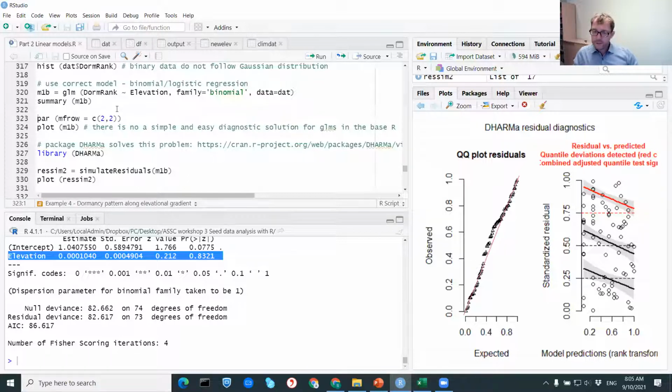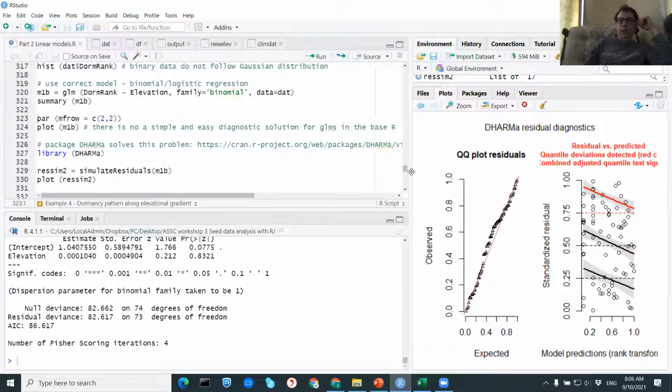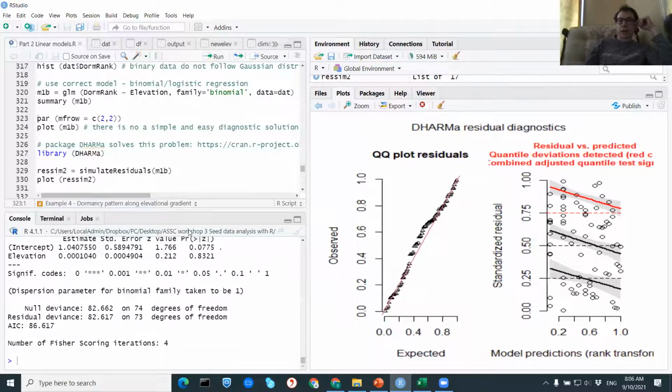Are there any questions on that? So, how do you interpret this DHARMa plot? Would you go on? Would you not care about that red line?